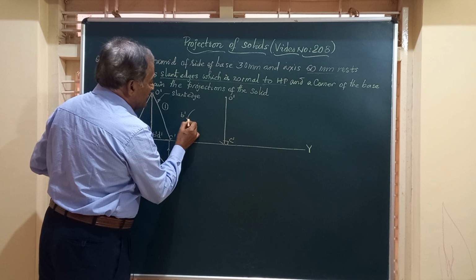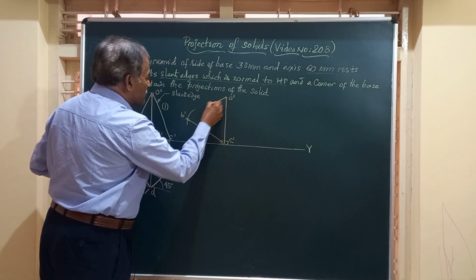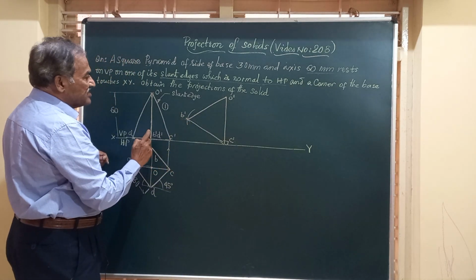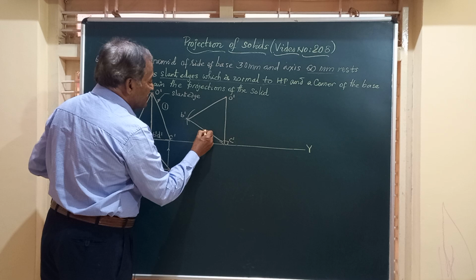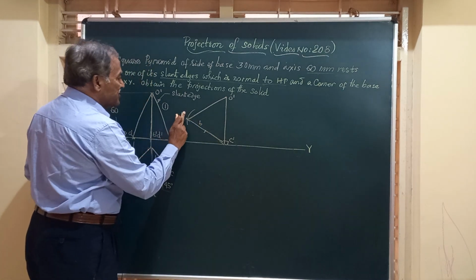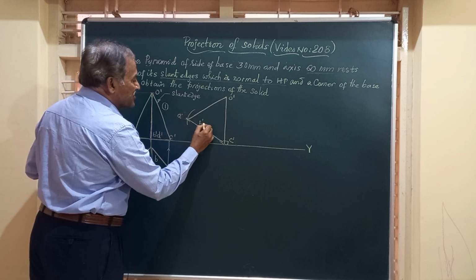So you can join this point B dash to C dash, and O dash to B dash. And here, friends, you have got in the center of this, so I will mark it as, sorry, this is A dash. The center one is B dash, D dash.